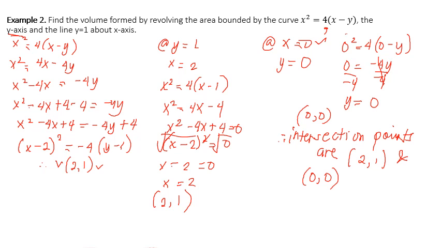Now we need to graph it. We are already given the details about our enclosed region, so this is the time to plot it. Imagine that I draw my Cartesian plane perfectly. We are given a parabola whose vertex is (2, 1) and it is facing downward. So this is 1, 2, and this is 1 here. Our vertex is somewhere here.